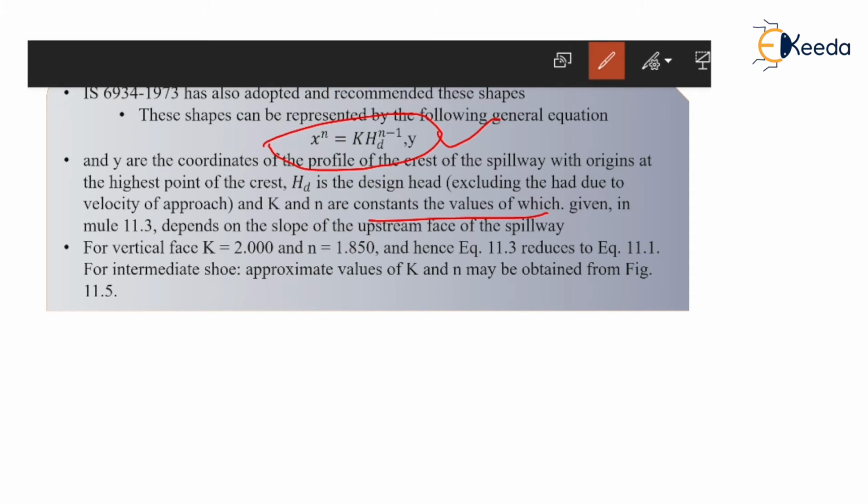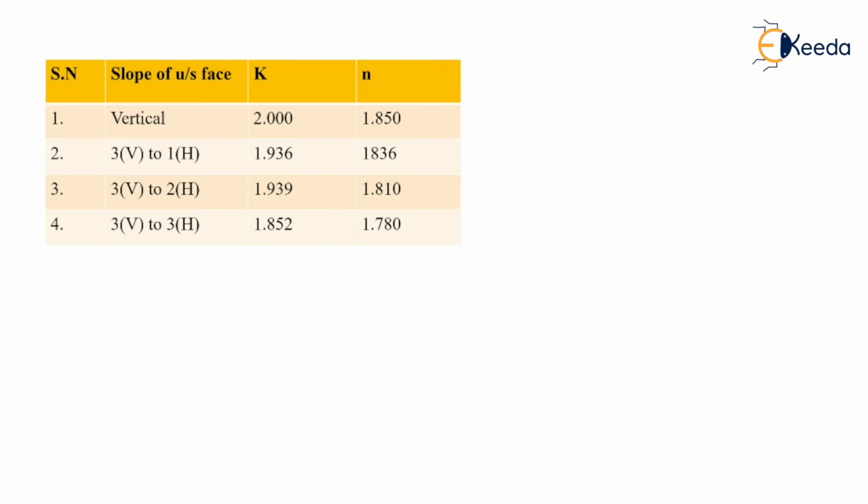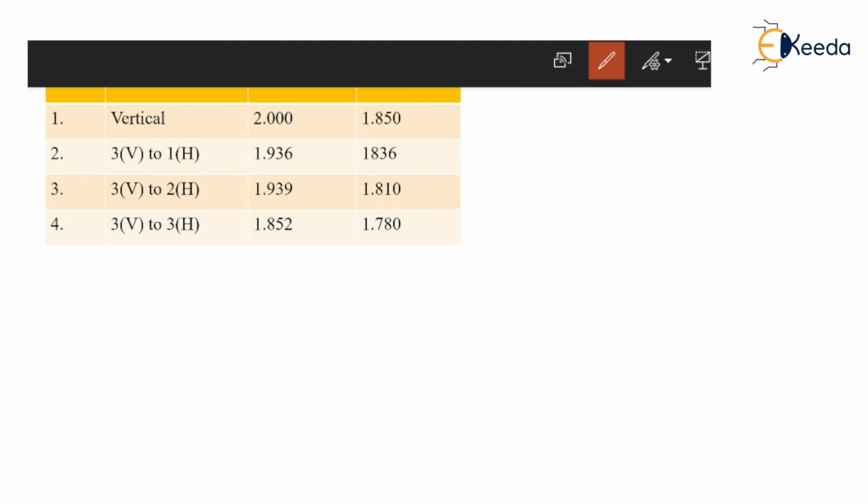So for the vertical face, we know that K will be adopted as 2 and n is adopted as 1.850. But once the slope is given, like when your upstream face has a slope of 3 vertical to 1 horizontal, then you have to adopt the K value as 1.936, and your n value becomes 1.836.